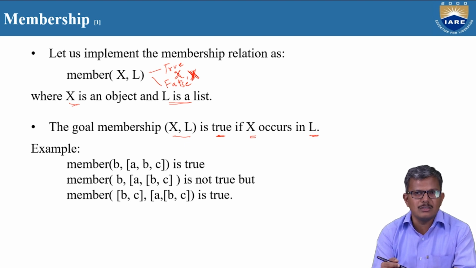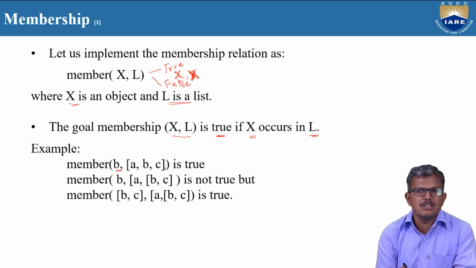The first parameter is the element or object you are checking for membership, and the second parameter is the list itself. So when you represent it as B comma [A, B, C], the answer is going to be true, because B is a member of this particular list.